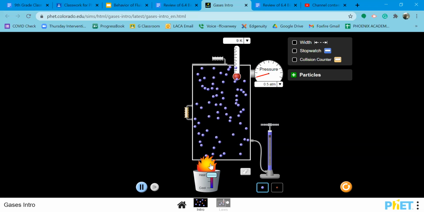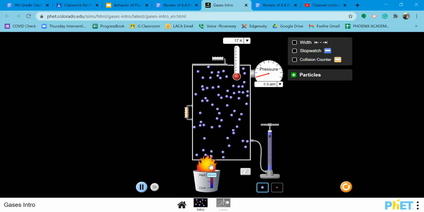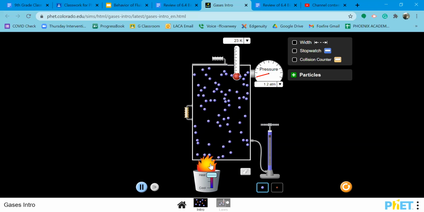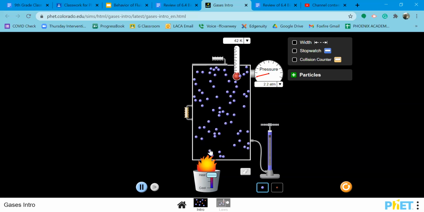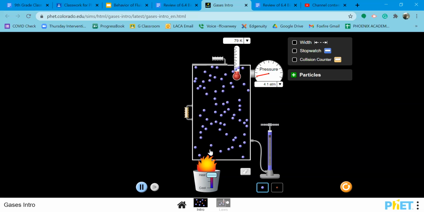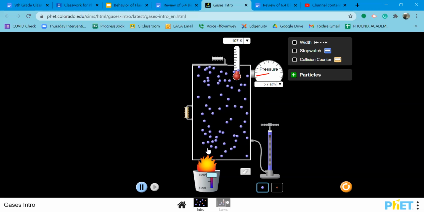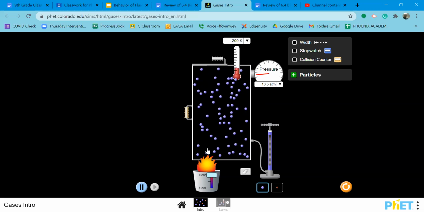It also takes into account how massive the particles are. But the faster the particles are moving, the higher the temperature of the matter. If we increase the temperature a lot, eventually they'll spread so far apart that we have a liquid. Eventually they'll spread so far apart that they become a gas.